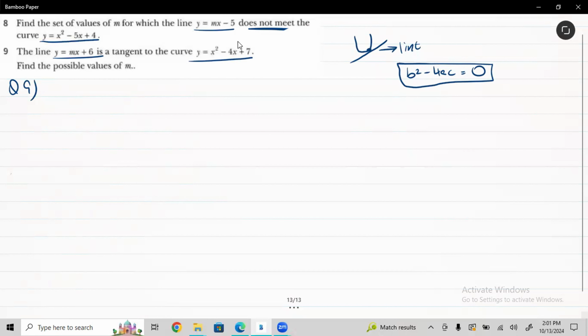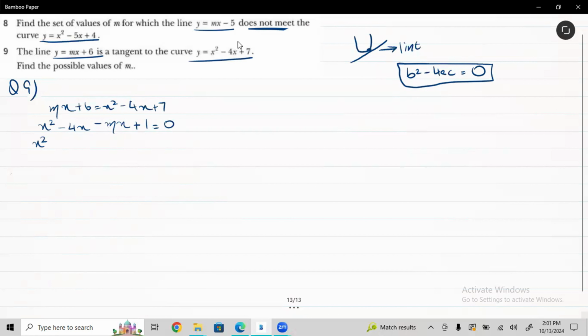So first of all, step 1, substitute both of these values. So mx plus 6 is equal to x squared minus 4x plus 7. x squared minus 4x minus mx plus 7 minus 6, which is plus 1, is equal to 0.